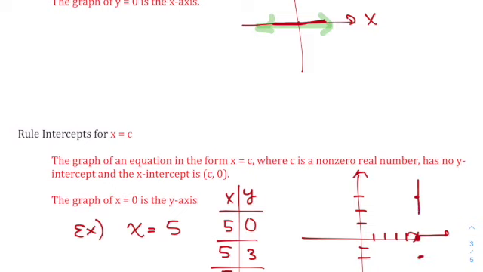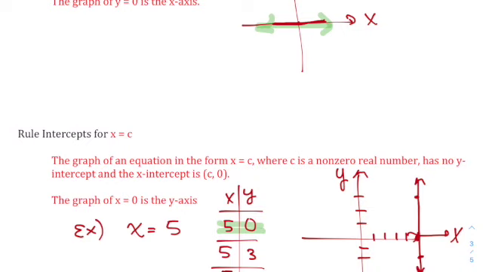Therefore, it crosses the x-axis, not the y-axis. So we have only an x-intercept, which is right here, and we have no y-intercept, and that's what that means.